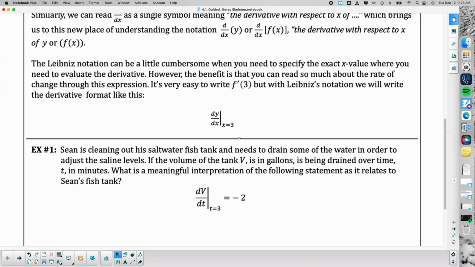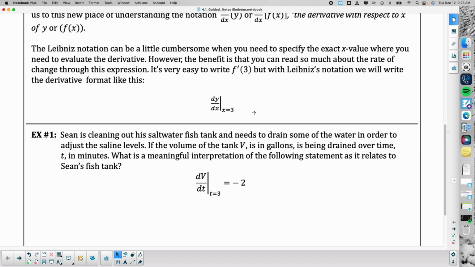Function notation usually works super easy because you're used to that. But if you have an implicit derivative, you can't use function notation. So after dy dx, which represents f prime or the derivative, you put a line and then say what number you're plugging in.